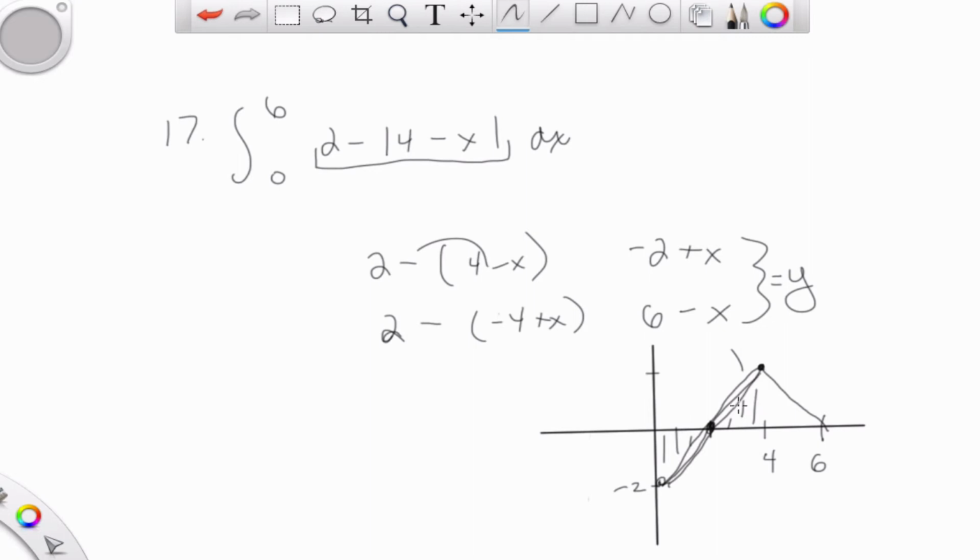So you could pretty much see that the area under the line is going to be the same area as this between the line and the x-axis. So those two are going to cancel, and this is a triangle of base 2 and height 2. So it's 2 times 2 divided by 2, which is just going to be an area of 2.